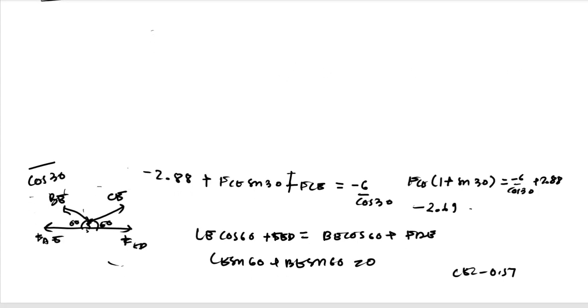Yeah, we have CE as minus 0.57, and if you put CE and BE into the first equation which we have, then you will get the value of FAE as 2.595.